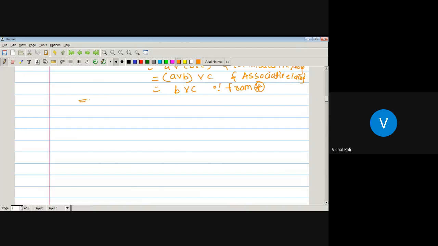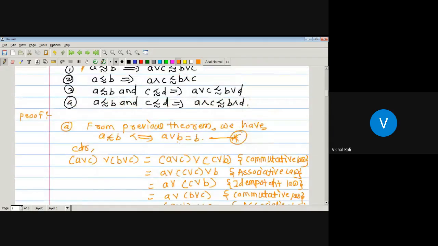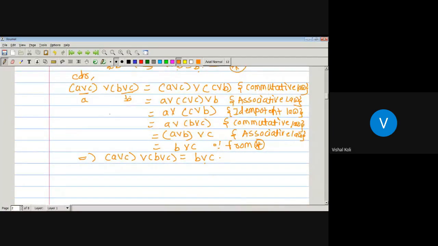So actually we get A join C join B join C equal to B join C. Now from this result, if A join B is equal to B, then A precedes B. So here A is this value, B is this value, and A join B is equal to B join C. Then A must precede B. Therefore from this one we get A join C precedes B join C, which is from star, and that is what we had to prove. Hence proved.